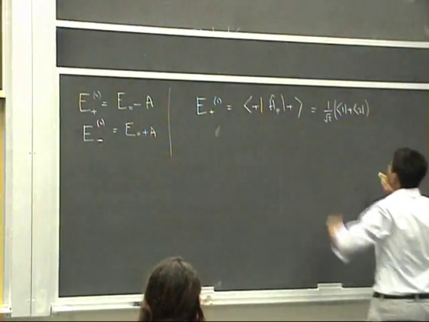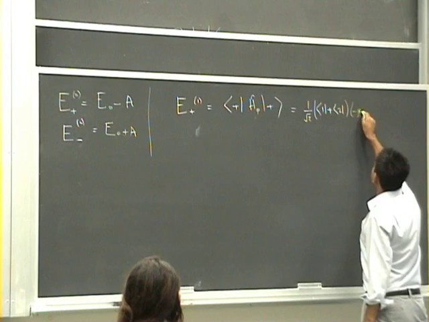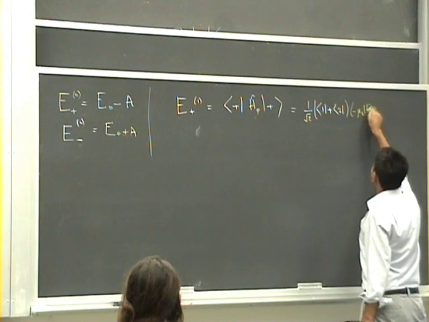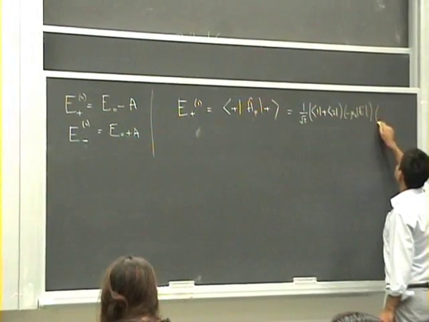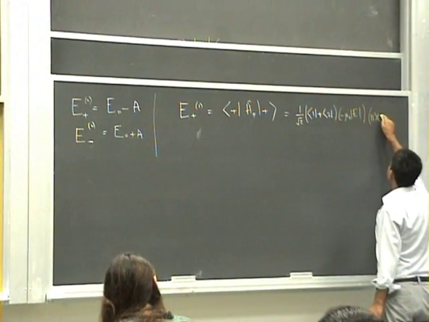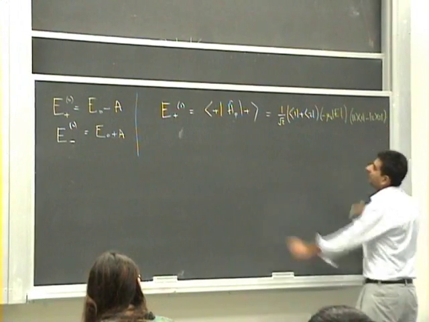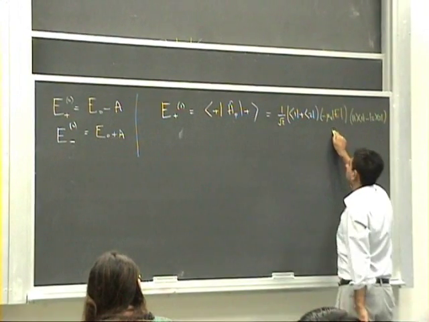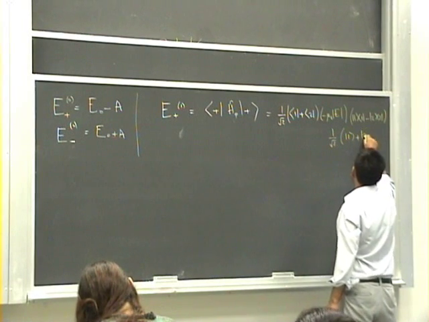This would become minus mu z electric field, and then there's a sigma z operator. Sigma z is simply ket 1 bra 1 minus ket 2 bra 2. And this ket plus is 1 over root 2 times ket 1 plus ket 2, right?